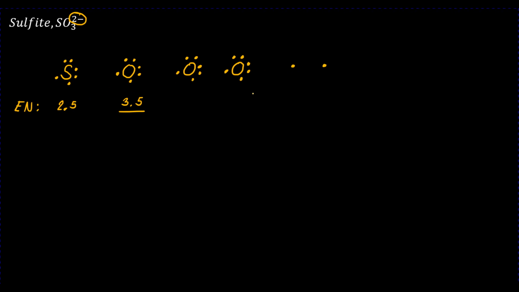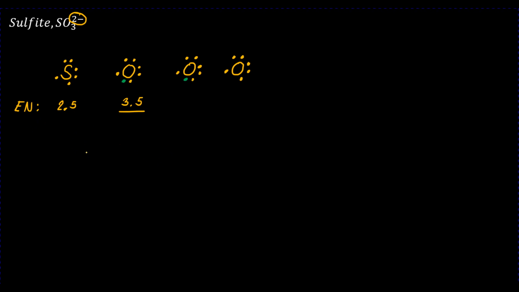So let's try placing this electron on this oxygen, and then this one here. As you can see, the electron is attracted to the more electronegative element, oxygen, rather than sulfur.